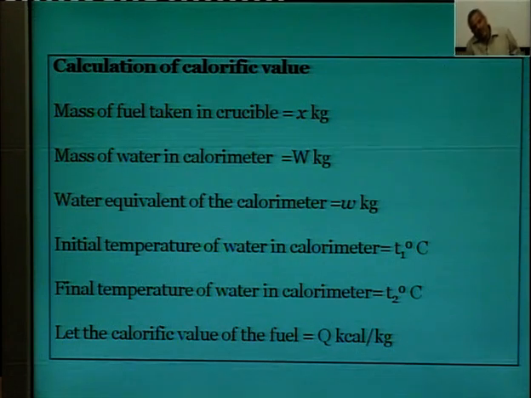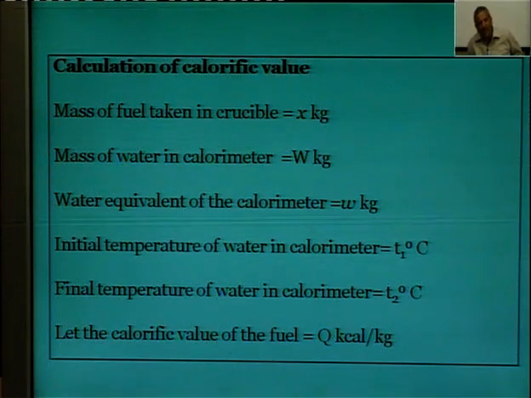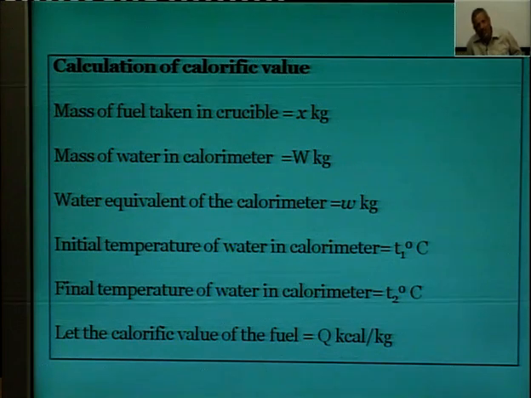So, where does the heat go? The heat is absorbed by the water or by the bomb calorimeter.